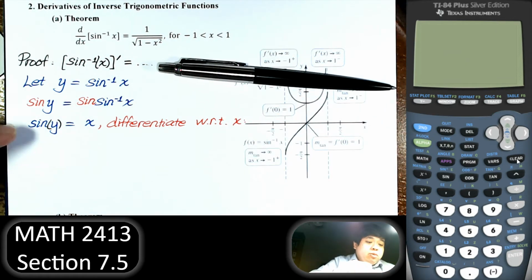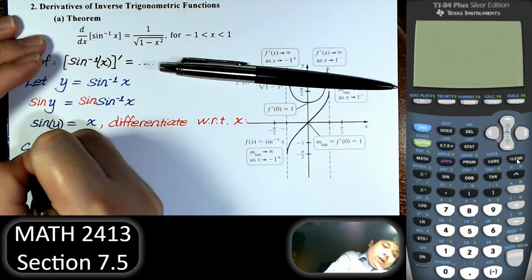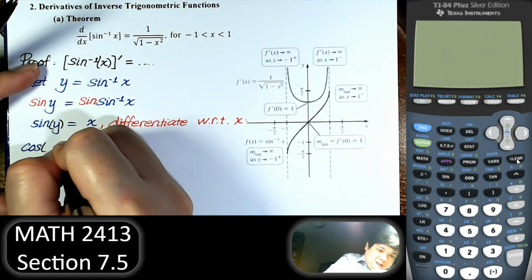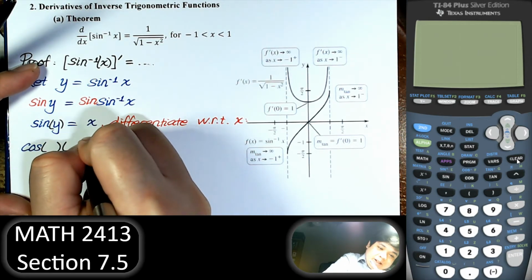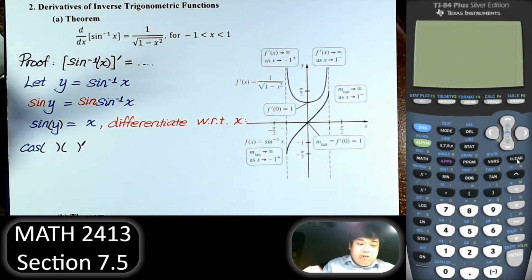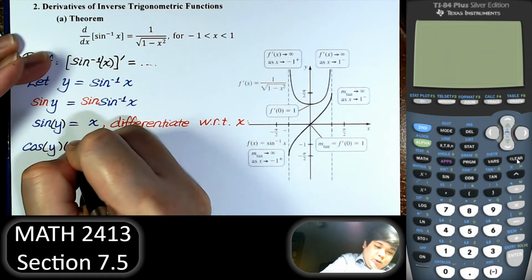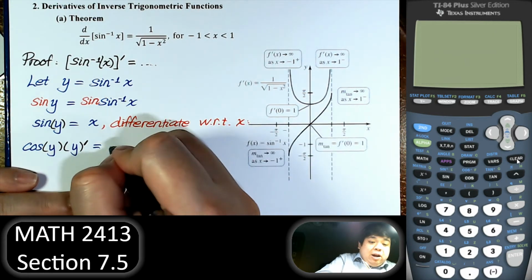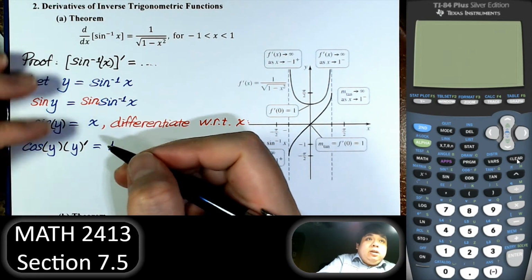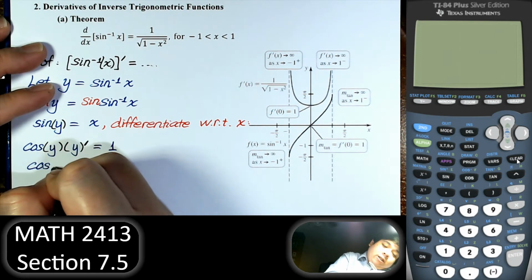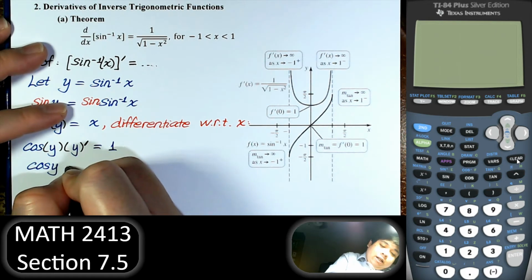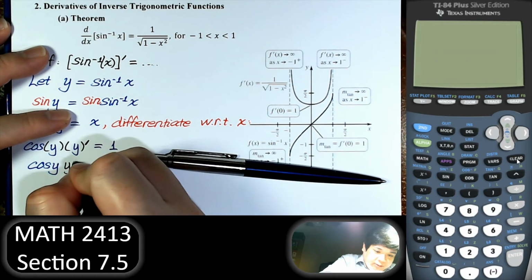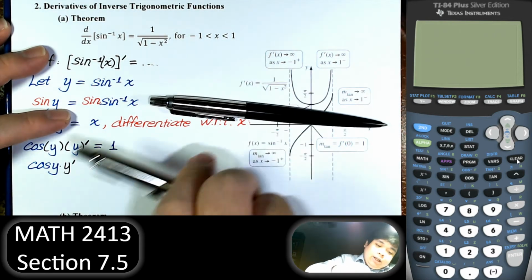The derivative of sine is going to be cosine of something, and then the derivative of that, because y is a function of x. Derivative of x with respect to x is 1. So I have cosine of y times y prime equal to 1.